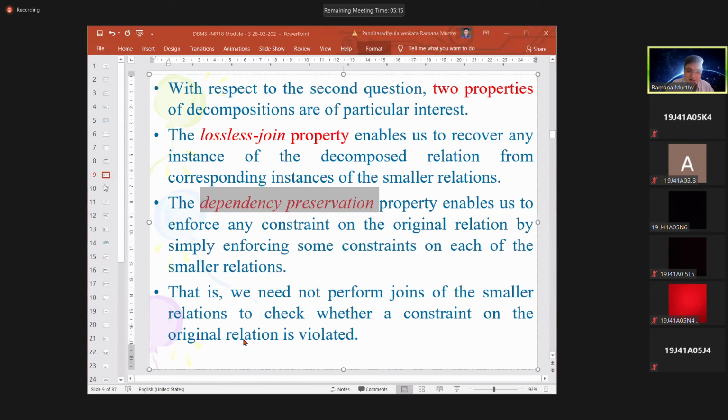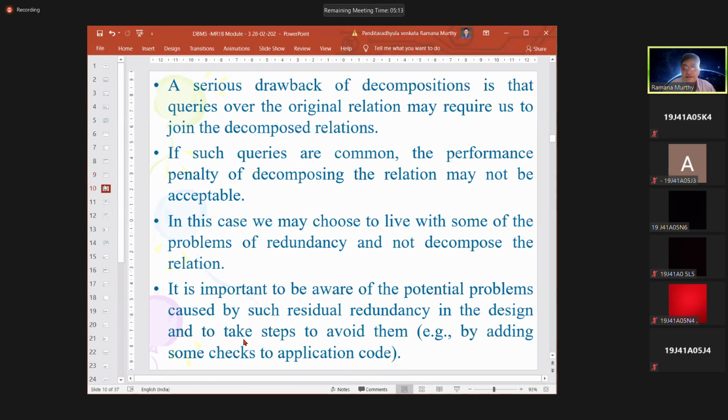Okay, what is the serious drawback of this decomposition? A serious drawback of the decomposition is that queries over the original relation may require us to join the decomposed relations. If you want to get the original table information, we need queries over the original relation also, so that we can get the original data.